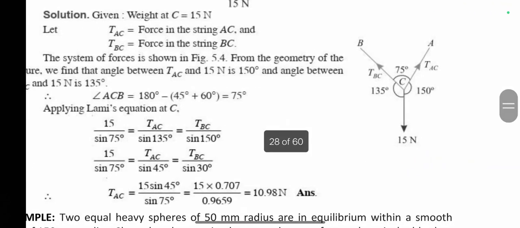Here at point C the force is 50 newtons. If we take the resultant of A and B, it will definitely be 50 newtons, and the resultant will coincide with the line of action of the bulb, which is 50 newtons.